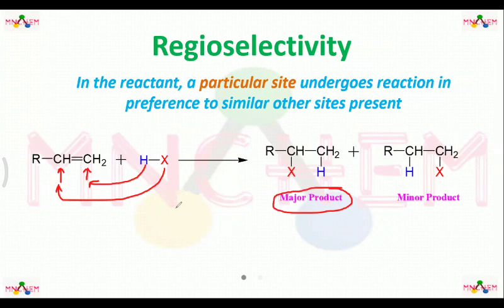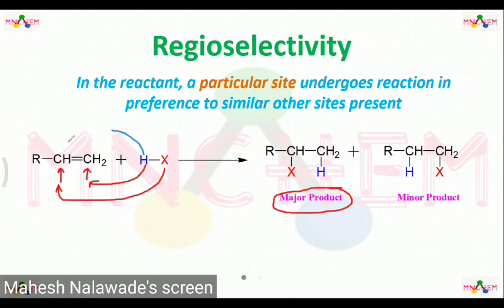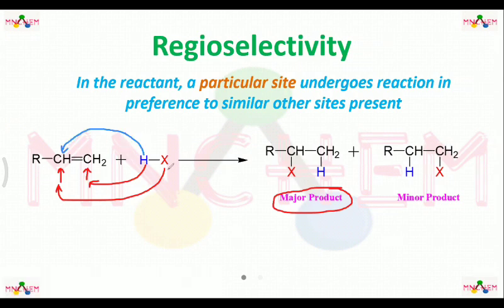In this reaction, a minor product is also possible, where the hydrogen attaches to this carbon and the halogen adds to the terminal carbon, resulting in this minor product.